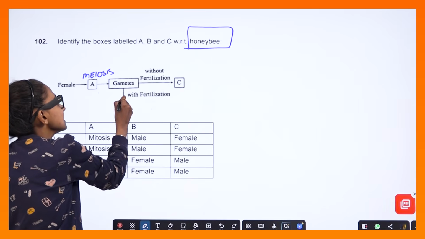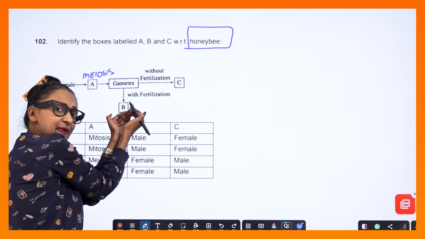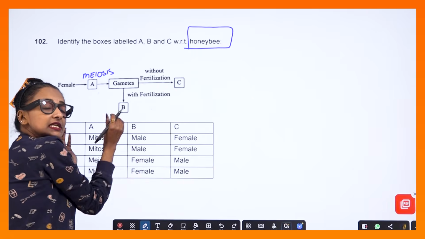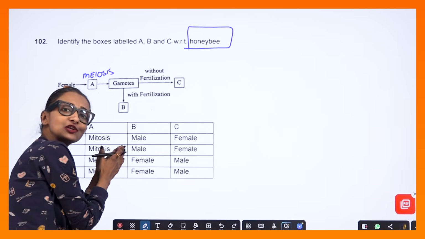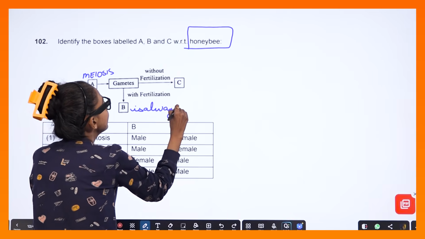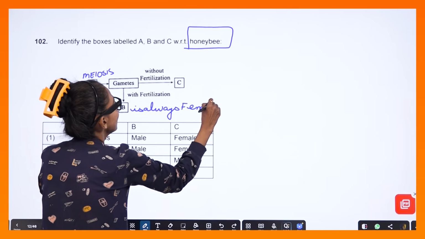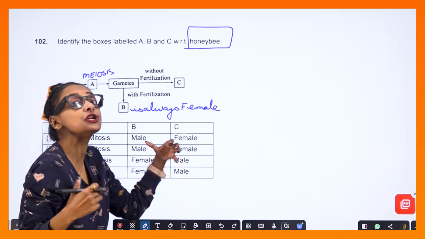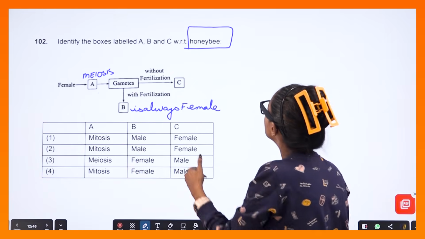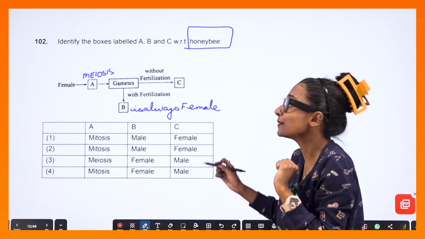If these gametes are fertilized with sperms, then a diploid structure will be formed. The diploid product of fertilization is always female. But the gametes which could not be fertilized can directly differentiate into drones or males, correct?